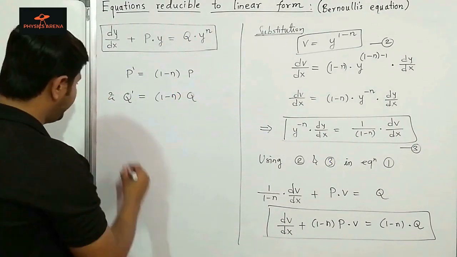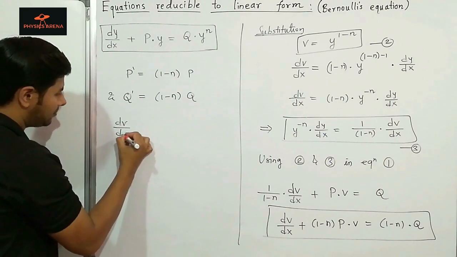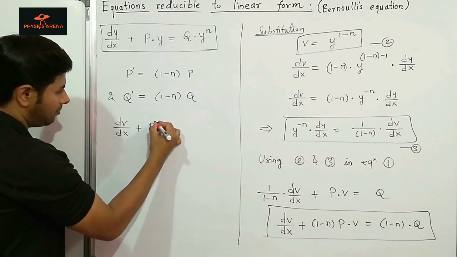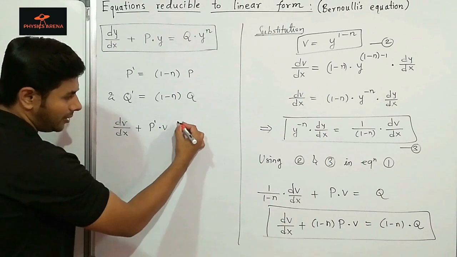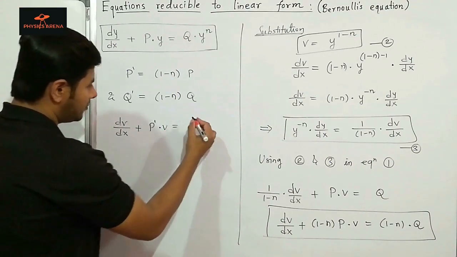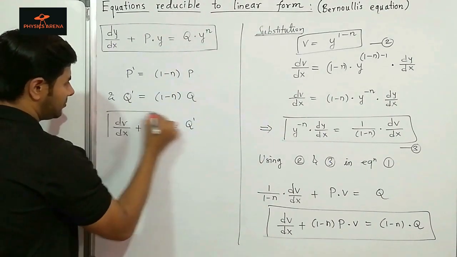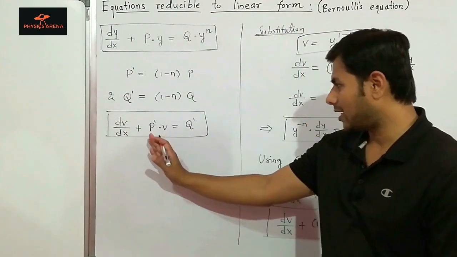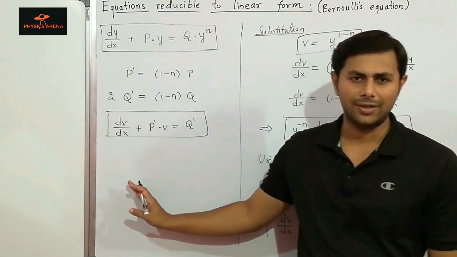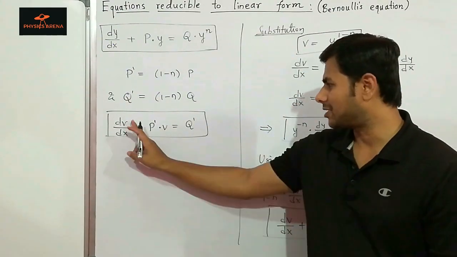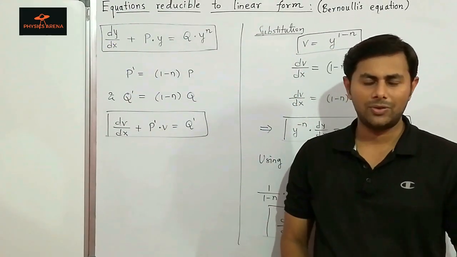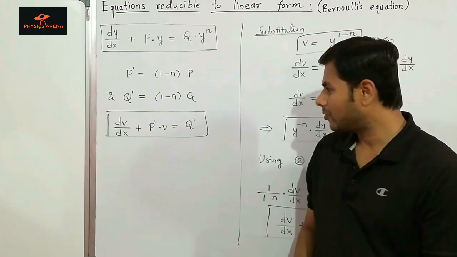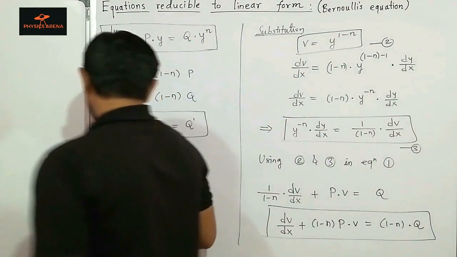So we get dv by dx plus p prime multiplied by v equals to q prime. So this is that same first order linear differential equation in terms of v. Now we know how to solve this. So what we need to do is find the integrating factor.